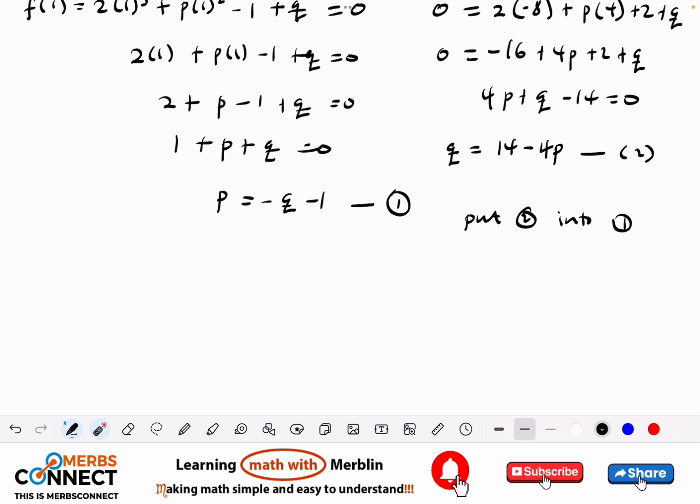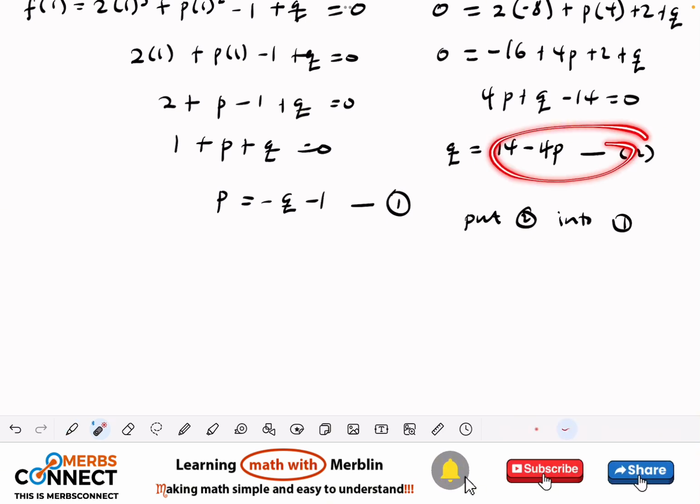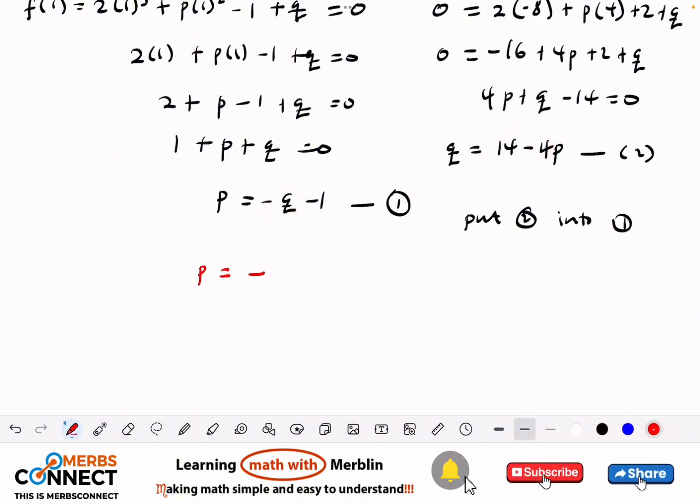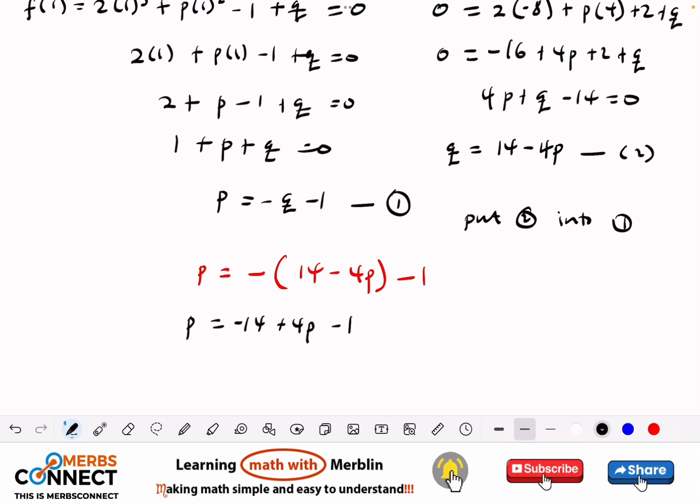If I'm putting this in this, I'm going to have p equal to, now q is this, minus 14 minus 4p, right? Minus 1. So that will be the substitution. So what will be p multiplied through by minus? That will be minus 14 plus 4p minus 1.